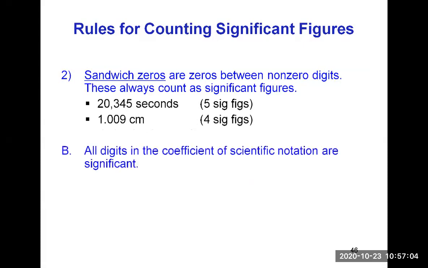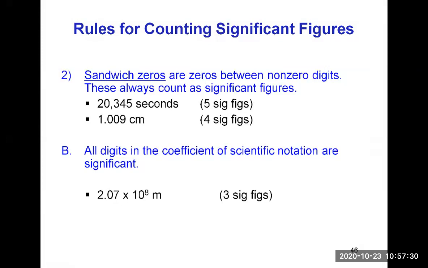When you have numbers written in scientific notation, all the digits in the coefficient are significant. Remember, the coefficient is the decimal part of the scientific notation. For example, in 2.07 times 10 to the 8 meters, there are 3 significant figures, the 2, the 0, and the 7.